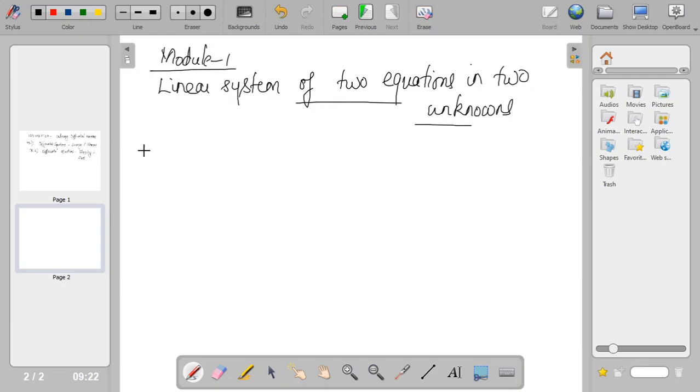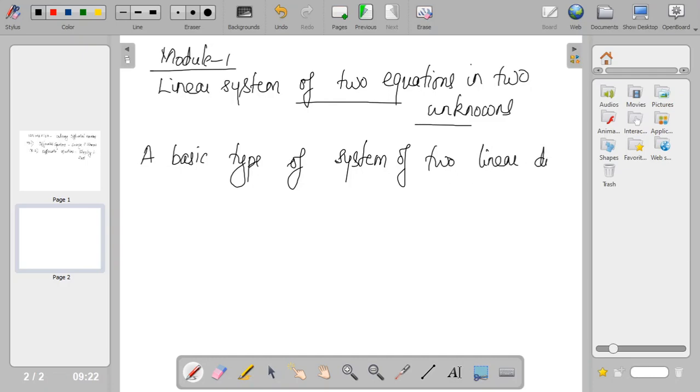So a basic type of system of 2 linear differential equations in 2 unknowns is of the form.